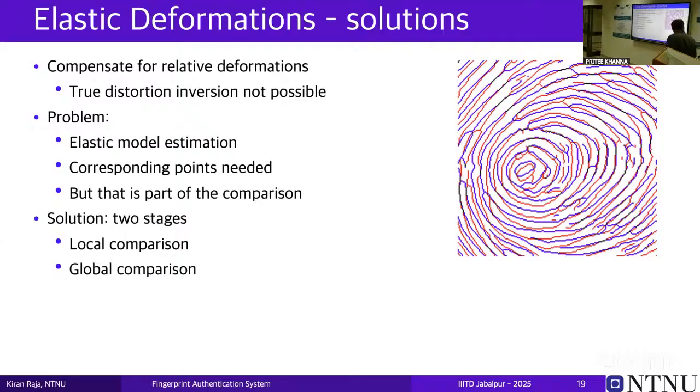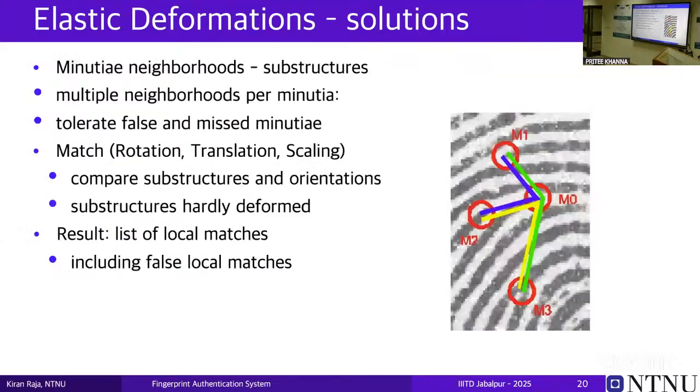Okay, so these are other problems, and then the alternative is to look at the neighborhoods. When I say neighborhood, I have a minutia point here, M0, and right next to it I have a couple of other minutiae: M1, M2, M3.